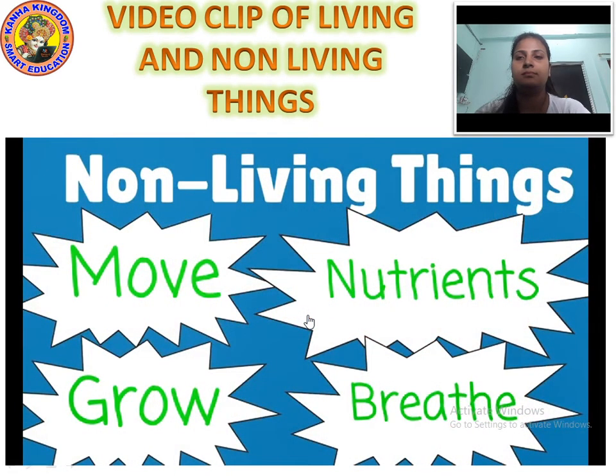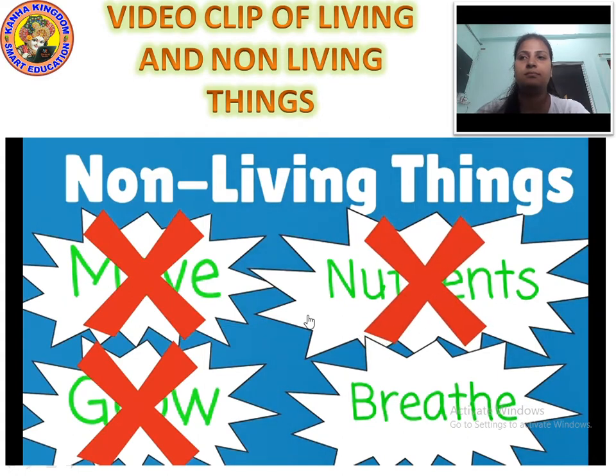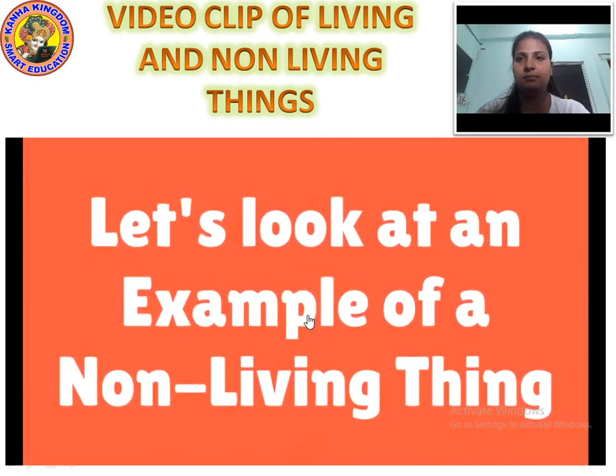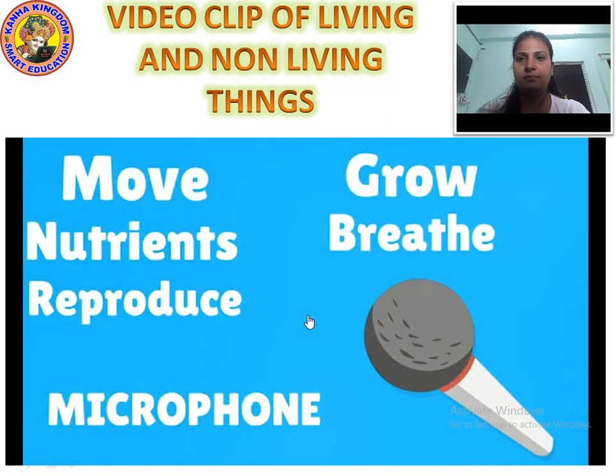So how do we know if something is non-living? Non-living things can't move. Non-living things don't grow. Non-living things don't need nutrients. Non-living things don't breathe. Non-living things don't reproduce. Let's look at an example of a non-living thing. Does a microphone move? No. Does a microphone grow?